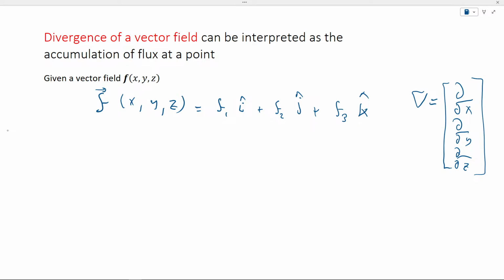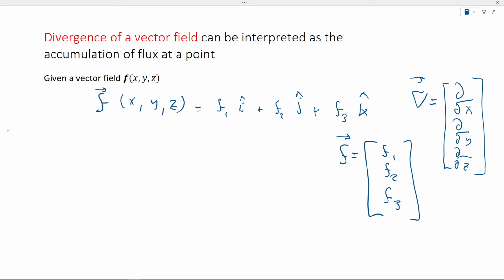By definition, this is a vector, because this is another way of writing a vector, similar with i, j, k. And similarly, I can just write my f in this form also, f1, f2, and f3. You see here, it's the same thing.